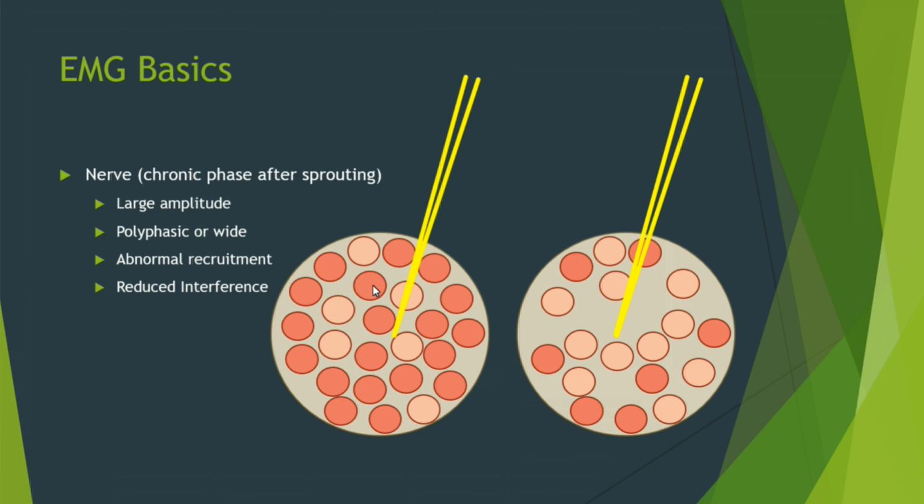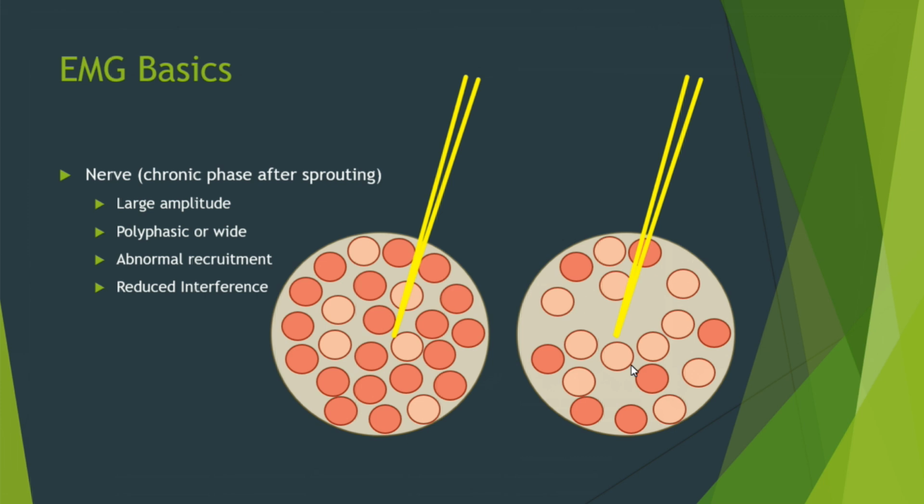So for example, if we take this motor fibril over here, it's now part of this motor unit, or for example this one over here is now converted into part of this motor unit, and so therefore there are more motor fibrils contributing to the motor unit, so it becomes larger in amplitude.